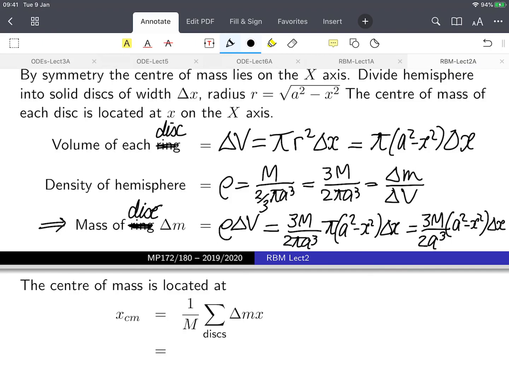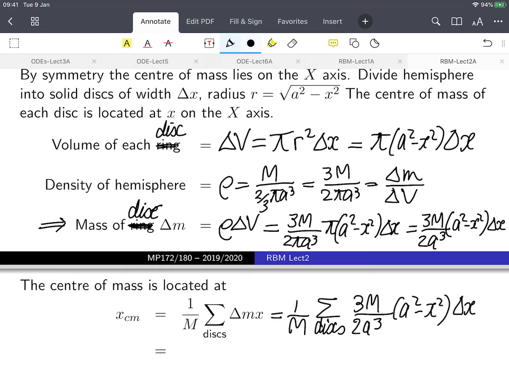It's going to be 1 over m, sum over the disks, delta m, I have it above, (a squared minus x squared) times delta x times x.